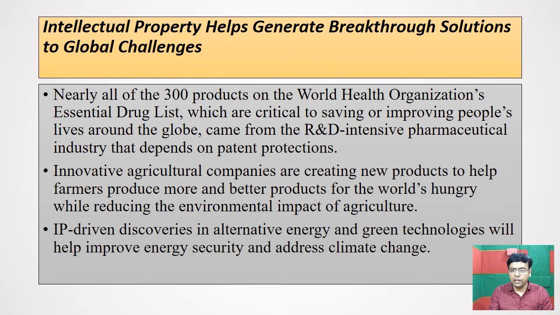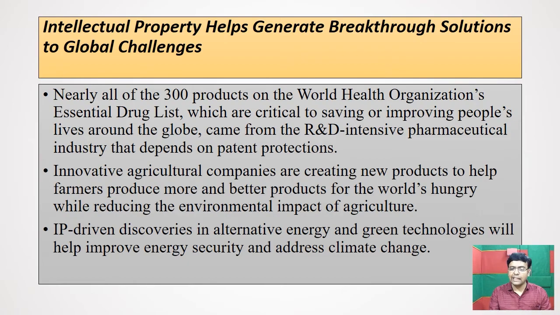Intellectual property helps to generate breakthrough solutions to global challenges. Nearly all of the 300 products on the World Health Organization's essential drug list, which are critical to saving or improving people's lives around the globe, came from the research and development intensive pharmaceutical industry that depends on patent protection.